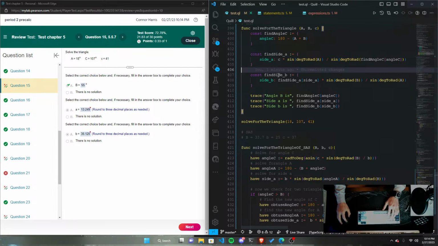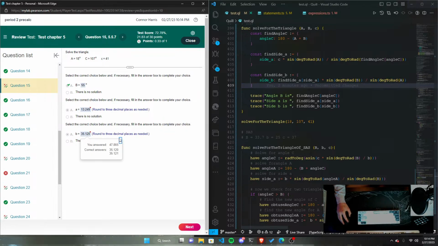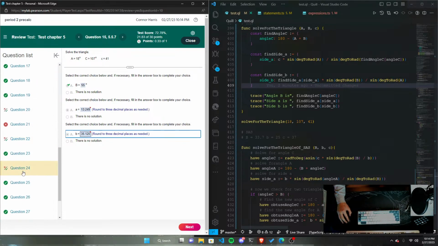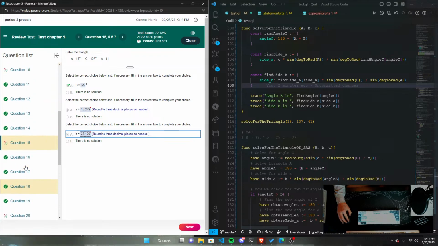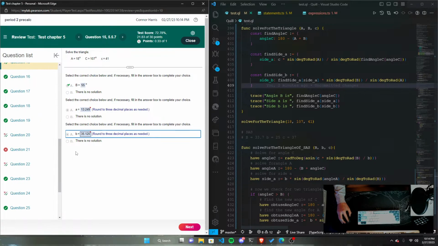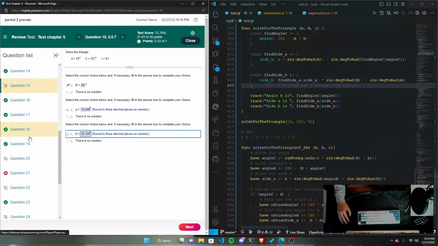So big A is 18. This is 107. That means this is A, C, B. Little c is 41. And this is 107, 18. Oh, you already have the answer, right? 55.